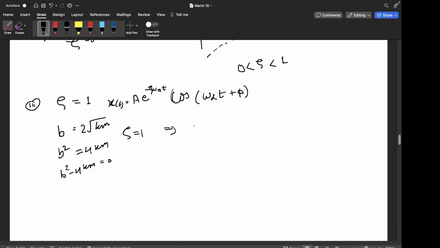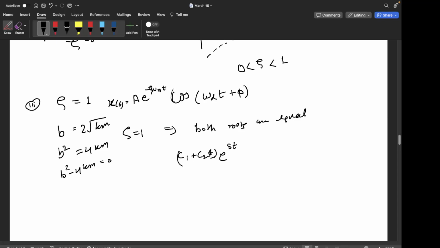So in that case, as we saw earlier, when both roots are equal, we get which solution? We get c1 plus c2 t e to the power st, right?